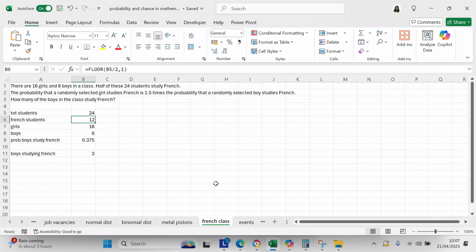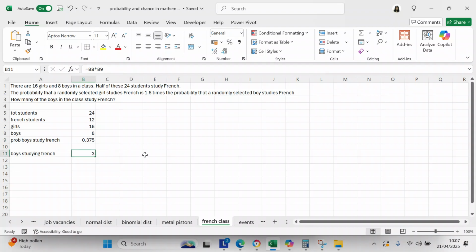Now we've got our 12 French students, and you've got 16 girls and 8 boys. The probability that the boys study French equals B6 divided by 1.5 times B7 plus 8, and that's going to be a 37.5% probability.